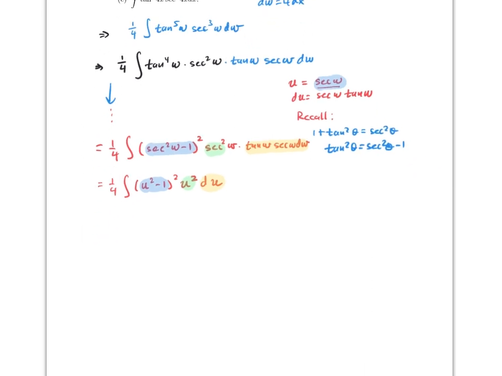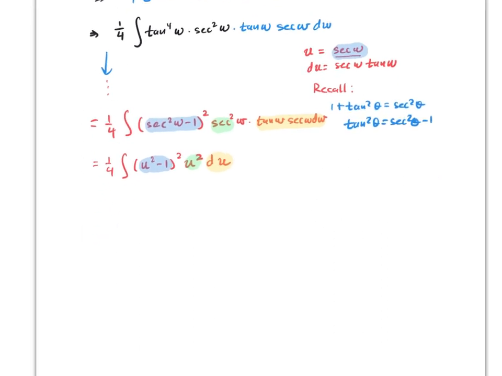So then if you use the distributive property or FOIL, whatever you want to call it, once you use the distributive property, you end up with u to the 4 minus 2u squared plus 1. Then you have to multiply times u squared, and that will give you u to the 6 minus 2u to the 4 plus u squared.